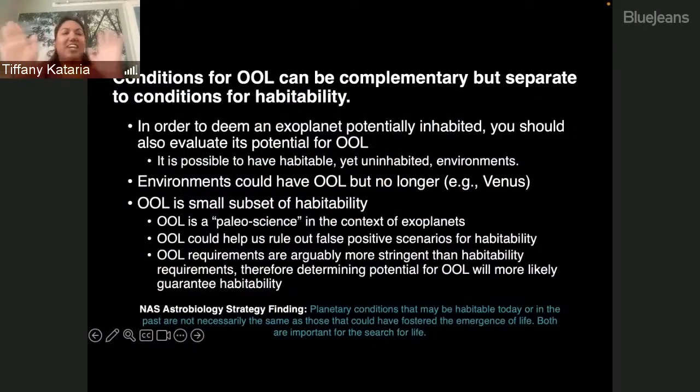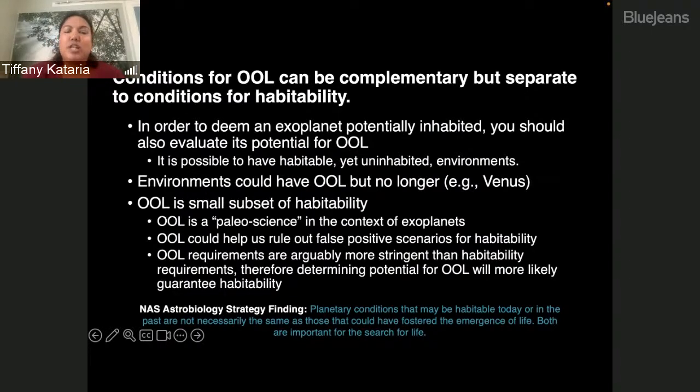Okay, so taking all of that together, this is at least my perspective on how origin of life can fit within the context of our understanding of habitability, which I'm sure Vicki talked a lot about yesterday. And so from my perspective, the conditions for origin of life can be complementary, but perhaps separate to these conditions for habitability.